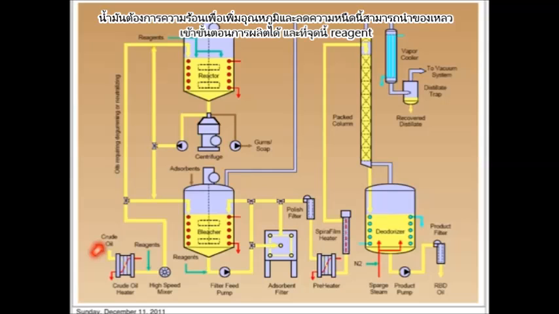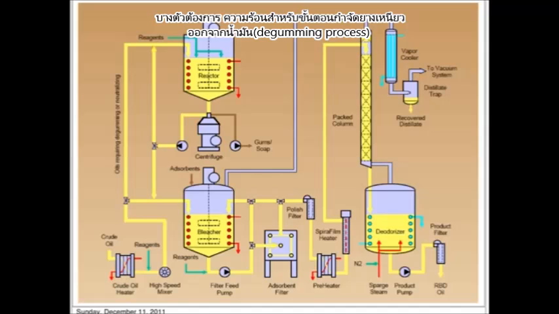This is crude oil. It will pass through a heater or a heat exchanger. The oil will be heated to increase the temperature and reduce the viscosity so that it can flow easily through the processing line. At this point, some reagent will be added for the degumming process.